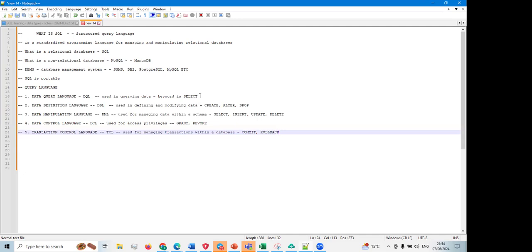But before we get to that, let me just also say a few things. So SQL is made up of a number of words, as you have already seen. These keywords here are called reserved words.